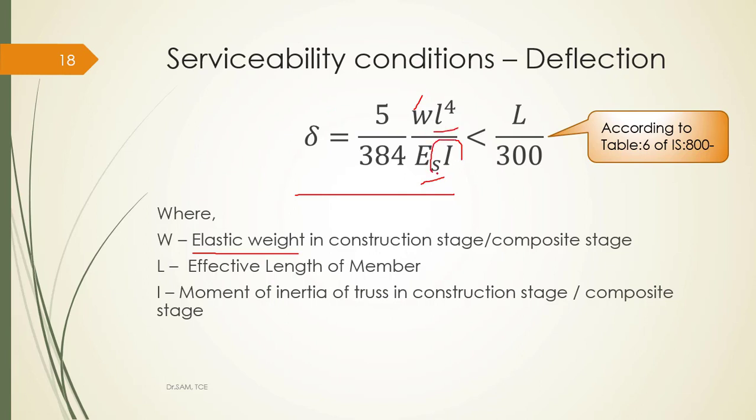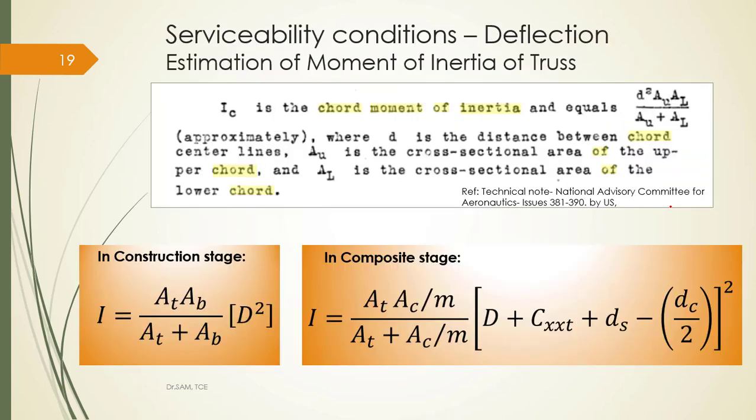For I, you have to take the moment of inertia of the truss. There are two stages, the construction stage and the composite stage. I should be calculated for both stages independently, and you substitute here, calculate the deflection, and check that it is less than the limit. This limit is obtained from Table 6 of IS 800.